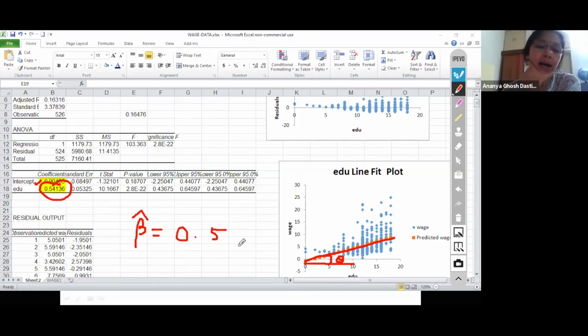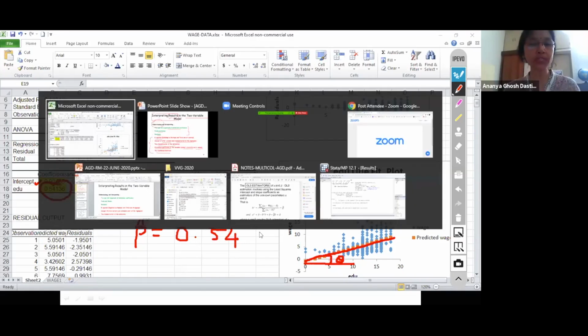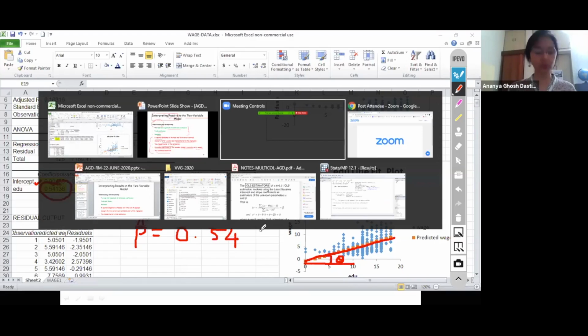Now, how did we get this beta hat? Before I come to interpreting the beta hat, let me just remind you. So quickly, what are we doing? We are learning how to interpret results, and before we go on, we are just doing a quick recap. Okay, so what is my beta hat? Here you go.